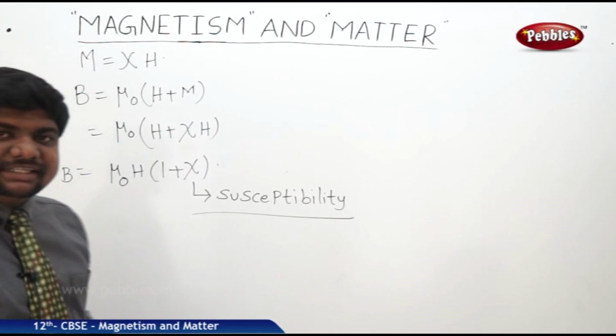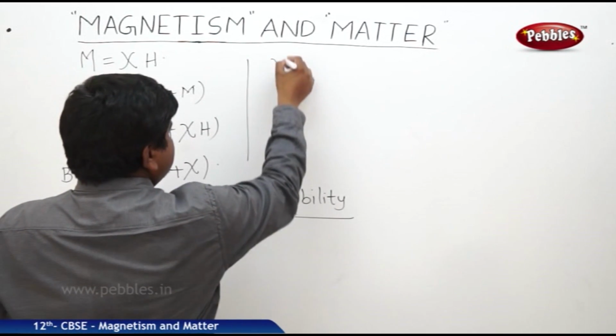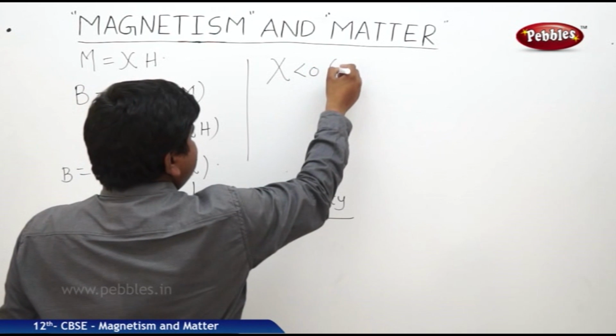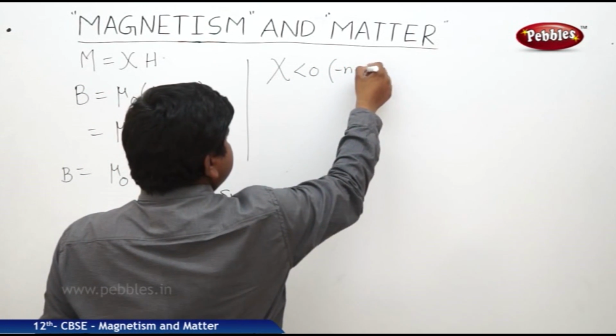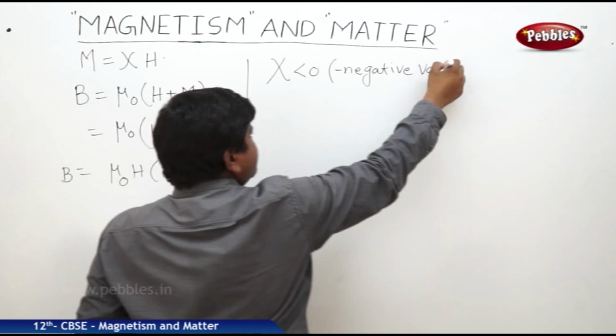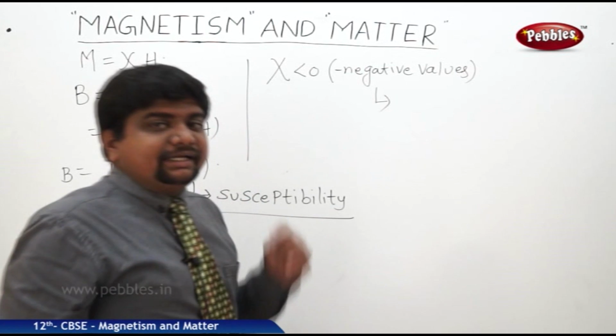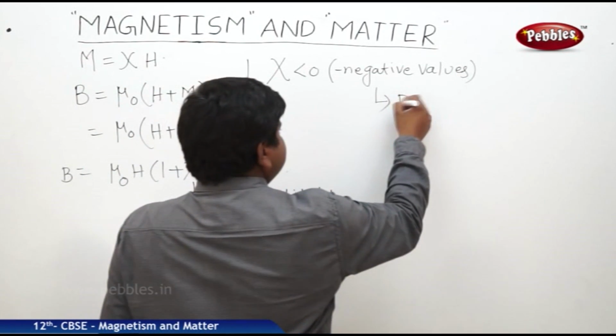If this chi value is less than 0, meaning negative values, this will be a diamagnetic substance.